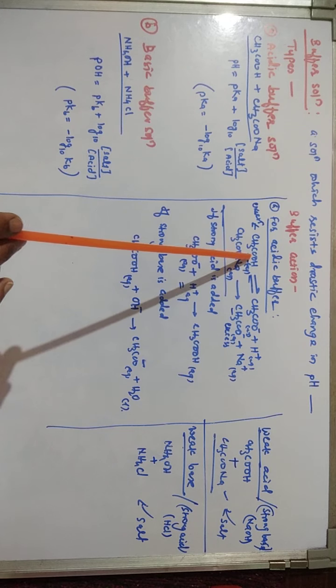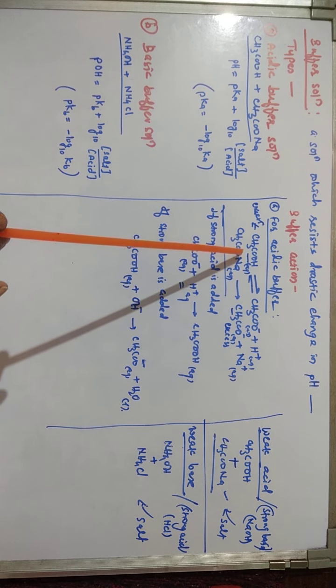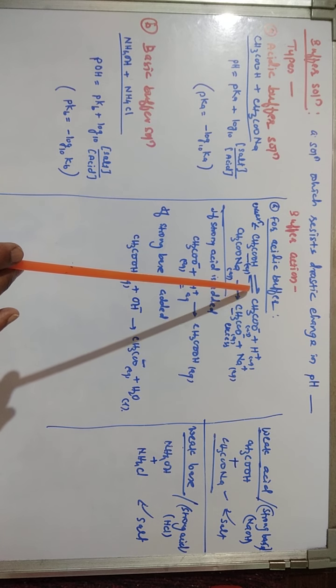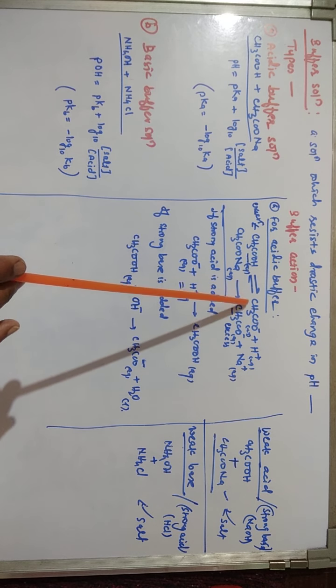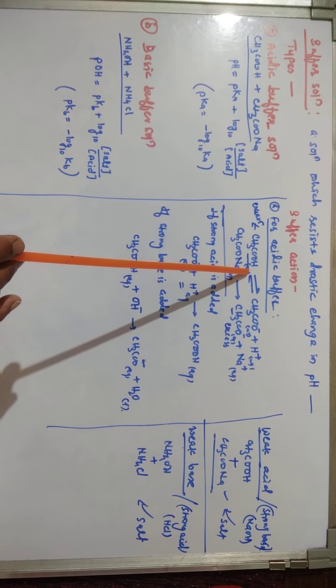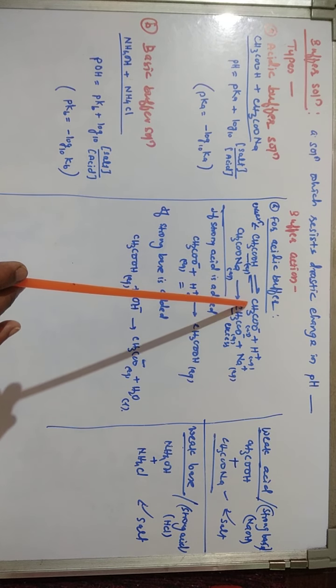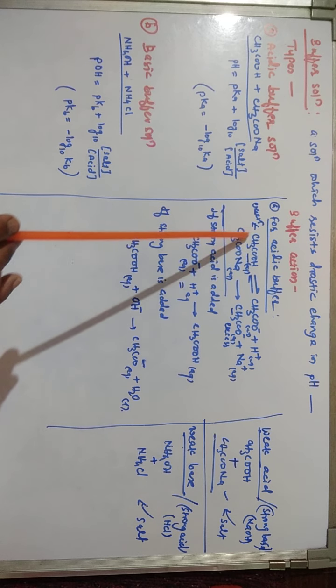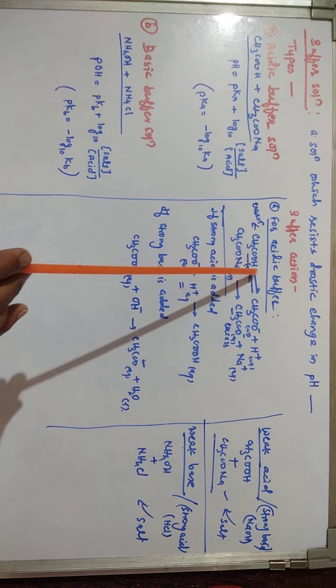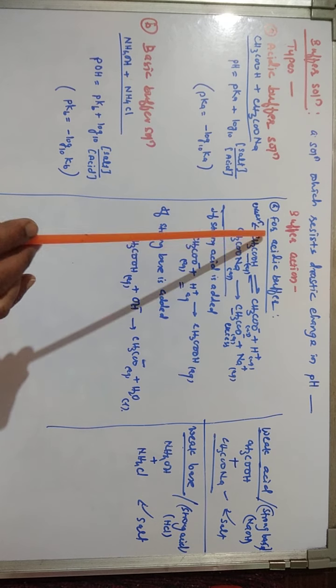For the acidic buffer, it contains a weak acid and its salt of a strong base, that is CH3COOH. It dissociates very little into CH3COO minus and H plus; being weak, the dissociation is negligible. That means the undissociated CH3COOH molecules are present in large quantities.